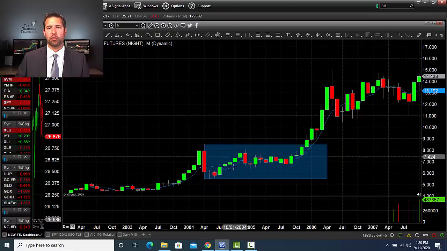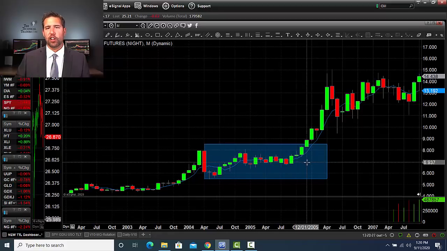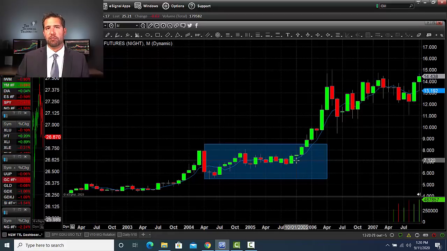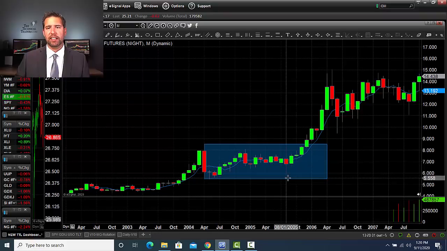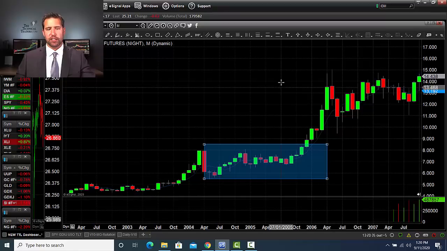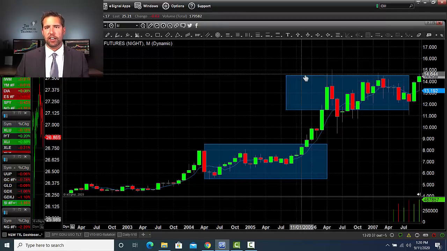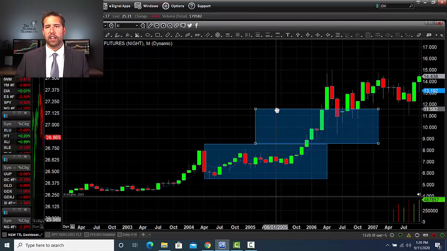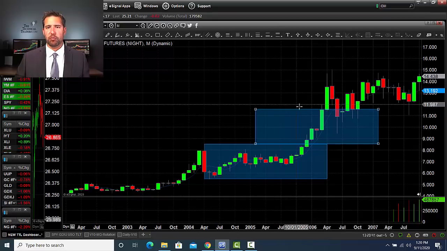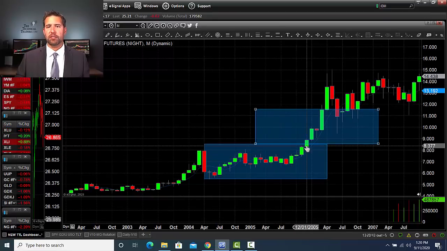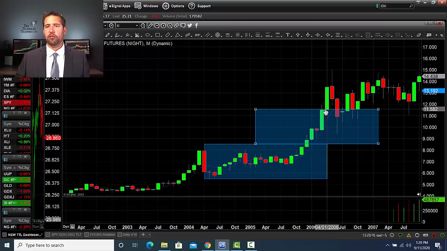And it gives you a simple range. This is the range, the volatility within that zone. The longer something trades sideways, typically the bigger the move pending. And what we're looking for here, if we were to just copy this box and paste it on here, we can get an idea where the next upside resistance level is going to be.